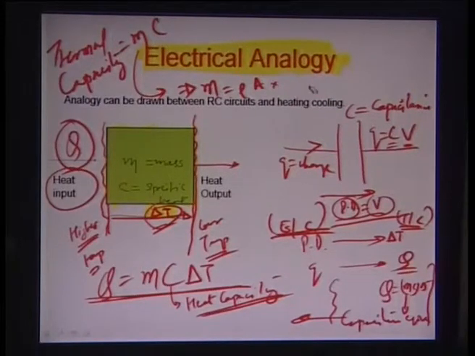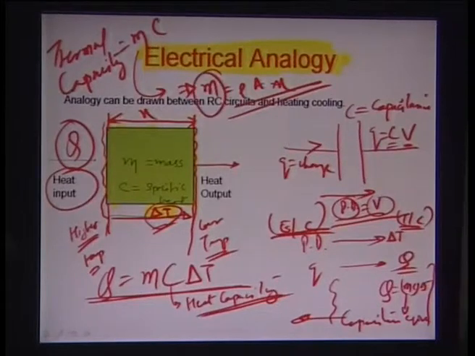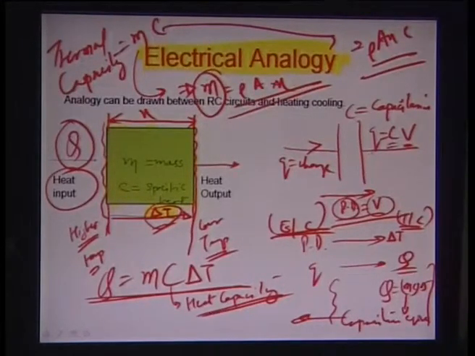The area times the length here, and assuming that this length is x, so it's area times x, that is what the mass is, and so thermal capacity here should be represented as rho a x times c. That is how you can represent the thermal capacitance.